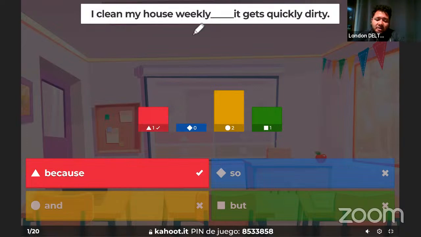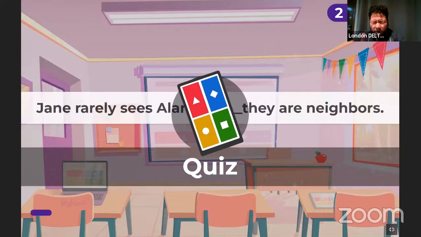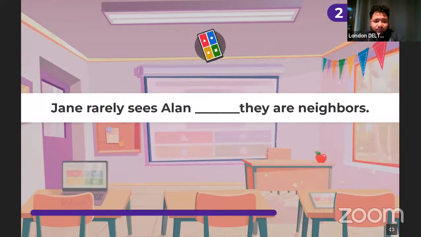Limpio mi casa semanalmente. Esa es una idea. Se ensucia rápidamente es otra idea. Entonces, aquí depende qué es lo que quieren resaltar. Pueden utilizar because, que es la que nos marca como correcta, or but. Those are the two possible options. Okay, let's continue. So always try to read before and after the gap.